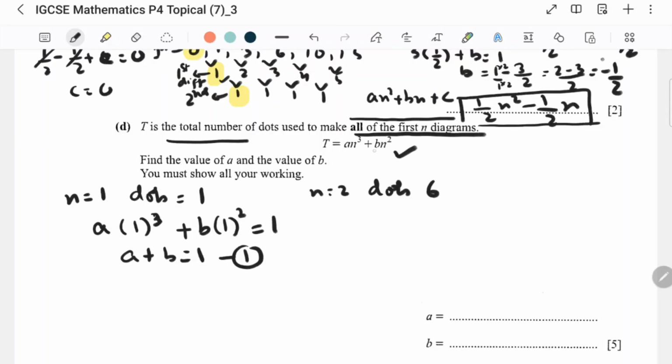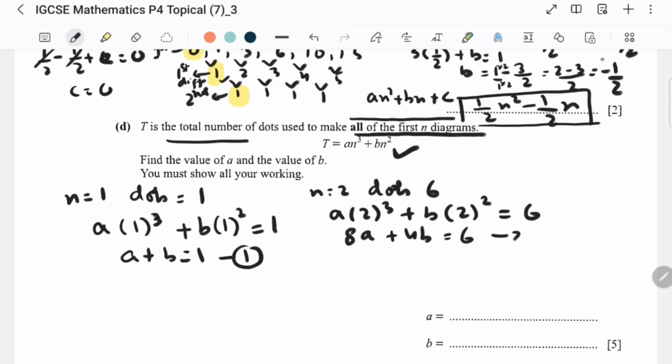So you put in the same formula: a times 2 cubed plus b times 2 squared equals 6. You just find your answer, that is 8a plus 4b equals 6. That's the second equation, for the second diagram.